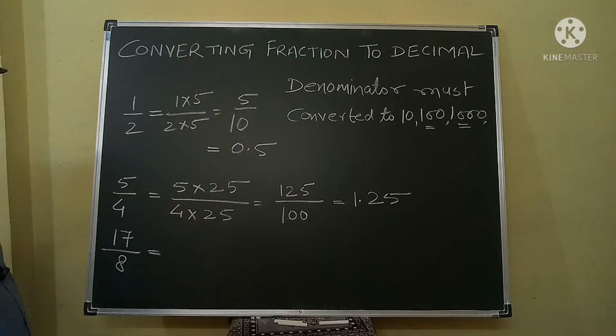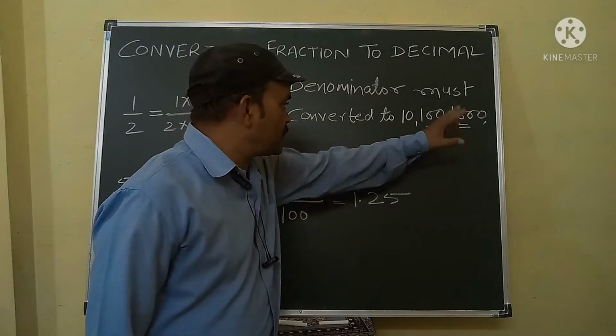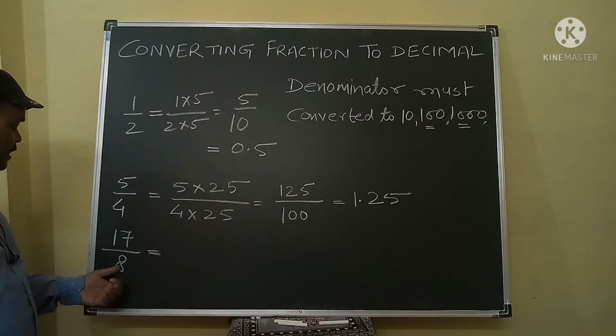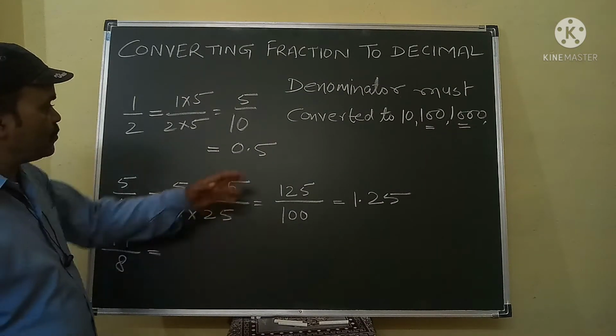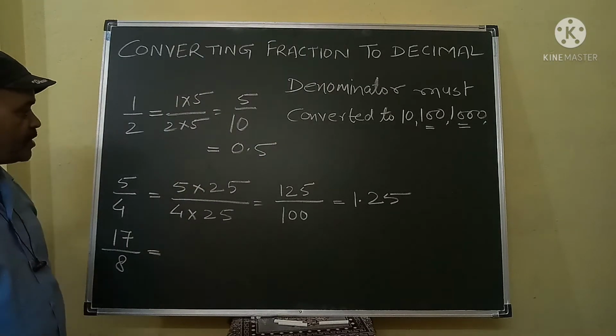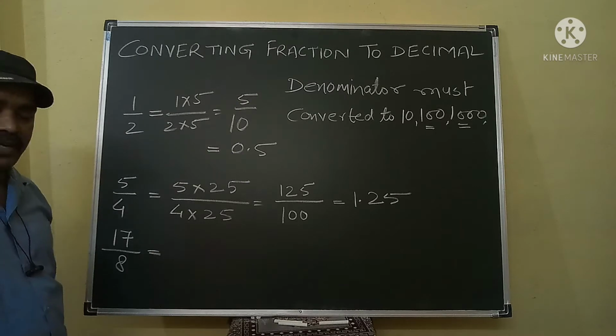Now look here. Which number do you multiply by 8 to get 1000? The number is 125.